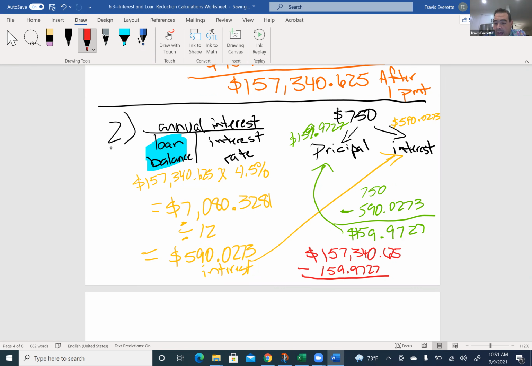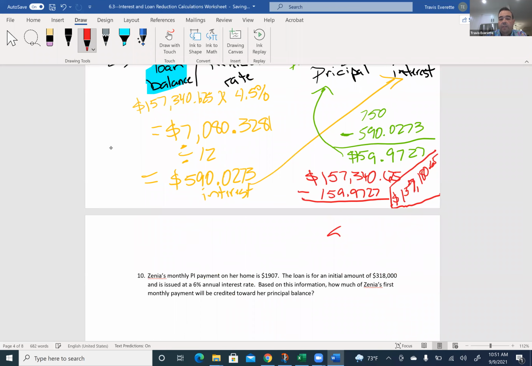That leaves us a balance after the 2 payments of 157,180 and about 65 cents. And I'll write that on the top of the next page, so it's a little bit more legible.